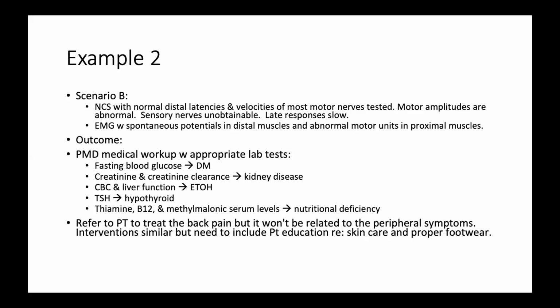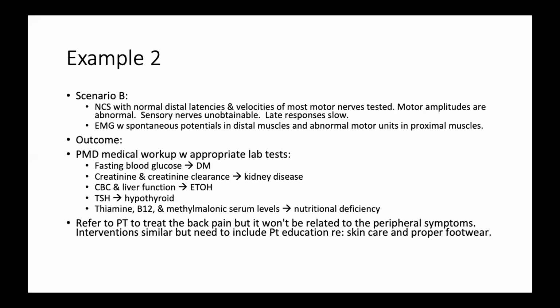So when I relayed these findings in the report back to the physician, it was undetected before, so the physician's responsibility could be to do an appropriate medical workup, running different types of tests. One example could be fasting blood glucose for diabetes.